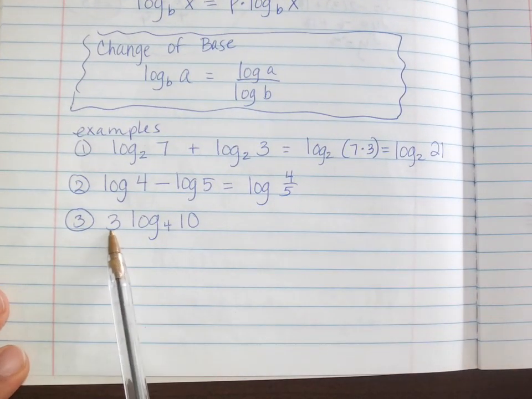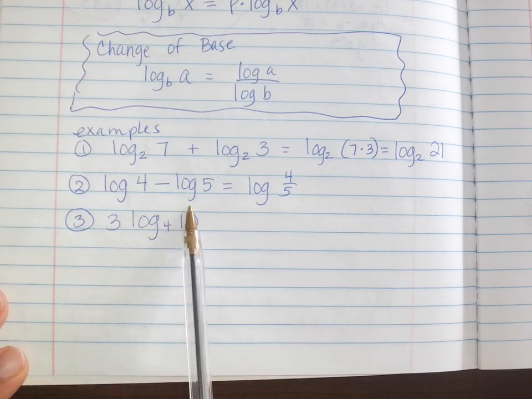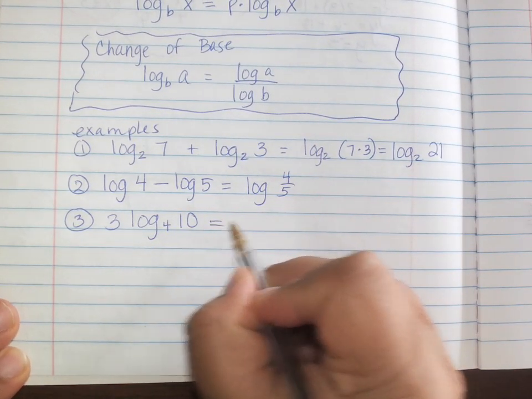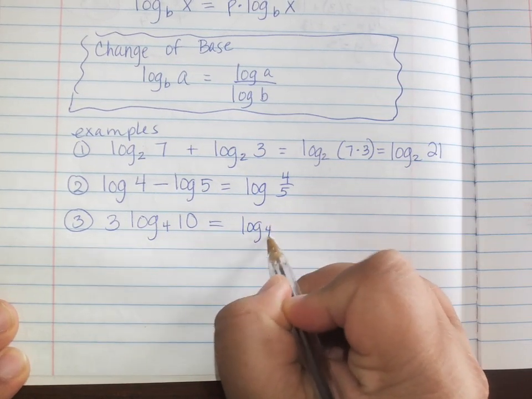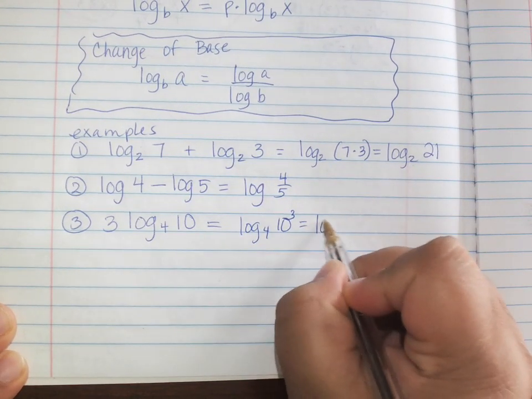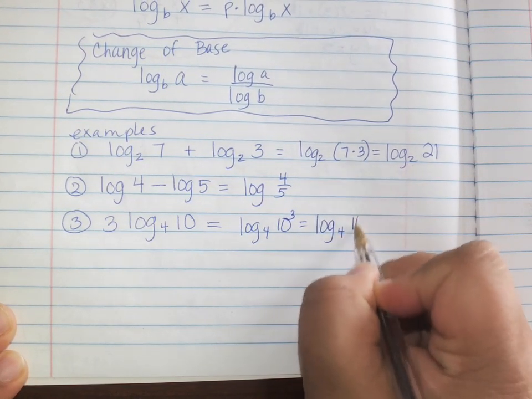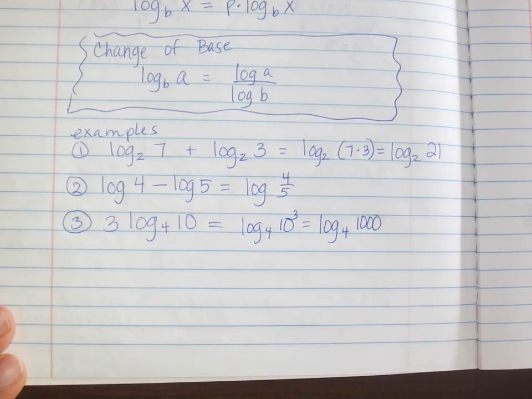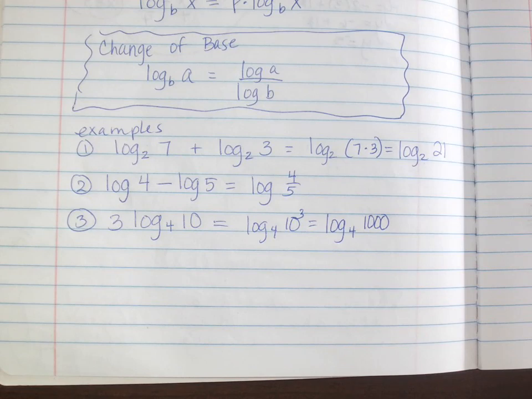So I can bring that 3 and give it to the 10. So this can become log base 4 of 10 to the third. 10 to the third is 1000. And you can continue simplifying. So this is kind of how we do this. You can go backwards or forwards, it just depends.